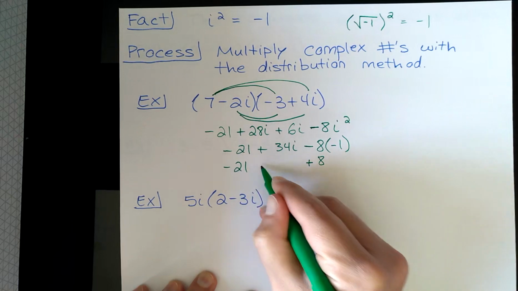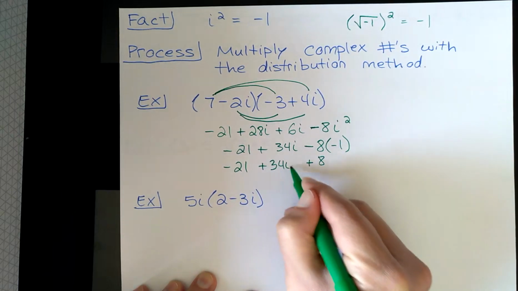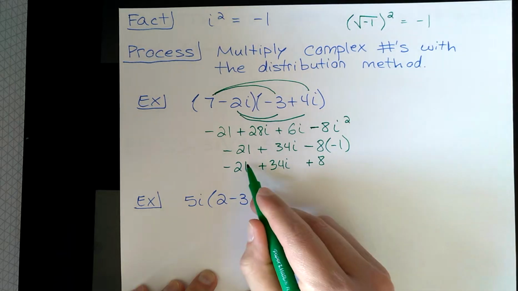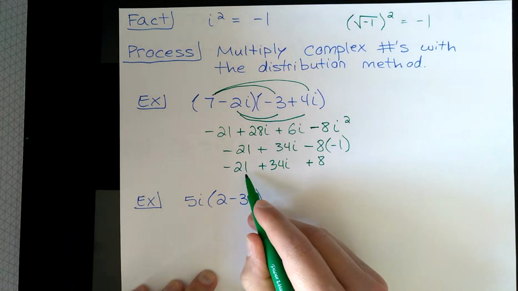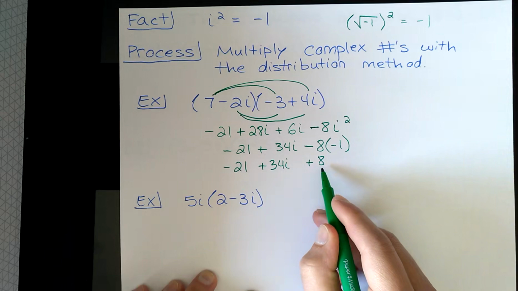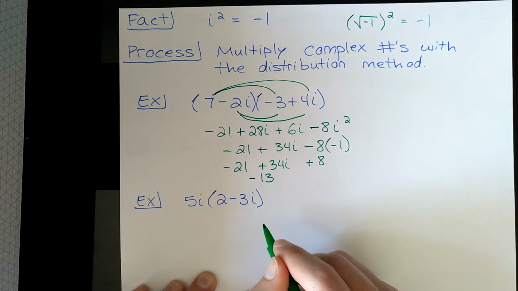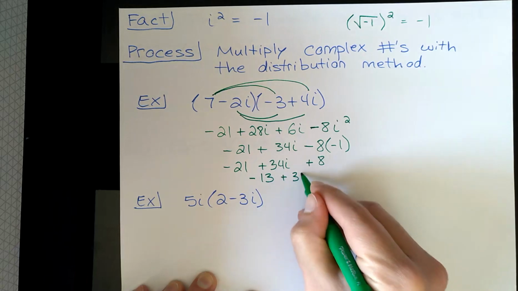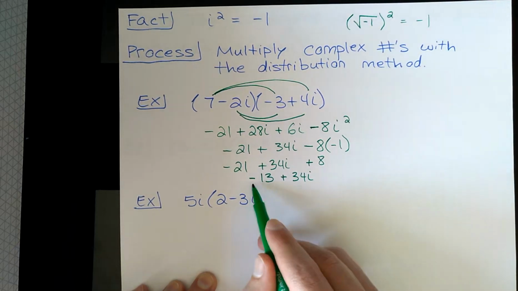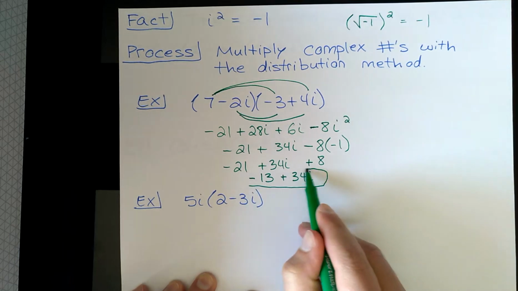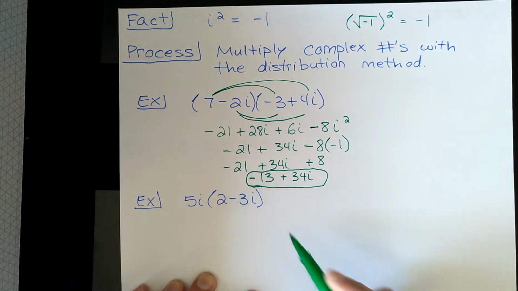So we have negative 21 plus 34i plus 8. And now we combine our like terms. Negative 21 plus 8 gives us negative 13, plus 34i. Remember, real part, then imaginary part. And that is simplified.